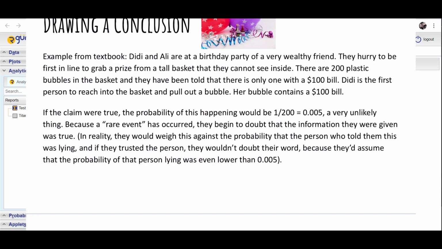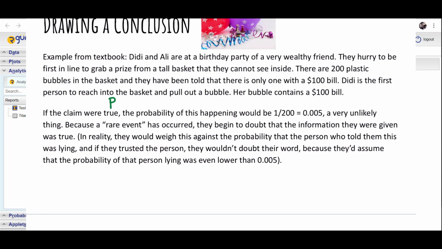How likely was that to happen, right? If you think about it, the probability that she's going to pull out the prize bubble with $100: they said there's 200 plastic bubbles, but only one contains that. So it's 1 out of 200, which is 0.005.